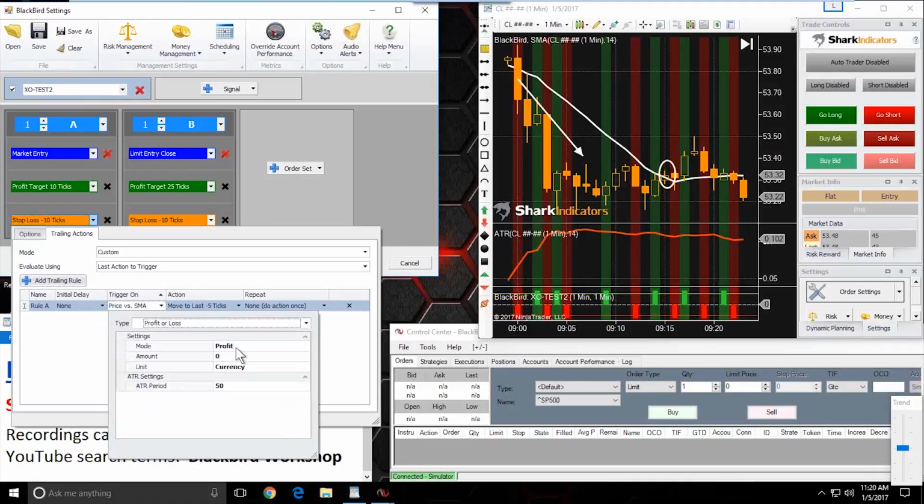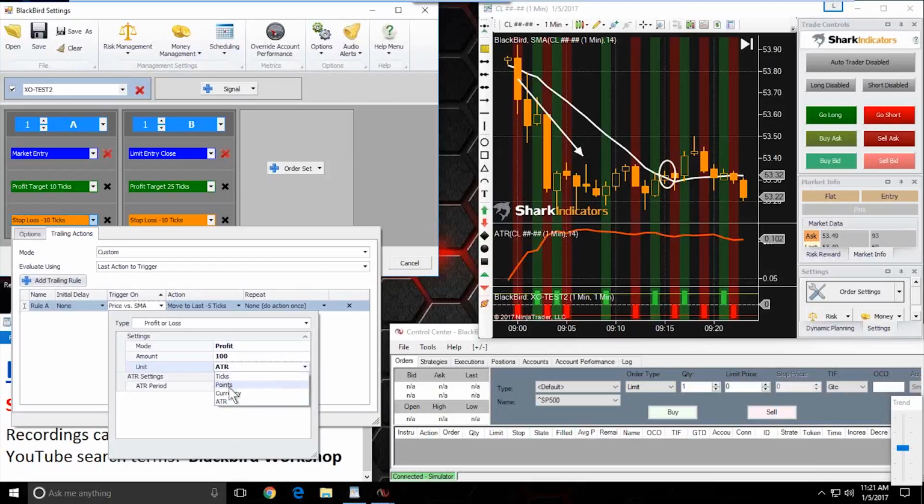Profit or loss. Profit or loss, there's no indicator involved here. So if you're looking for $100 in profit, that's going to be on a tick by tick basis, right? That'll be kind of like real time there. However, if you're using an ATR, well, that's going to wait for the bar to close because the ATR is an indicator.